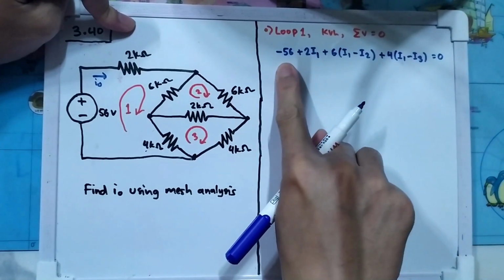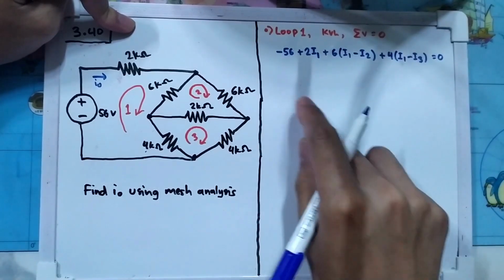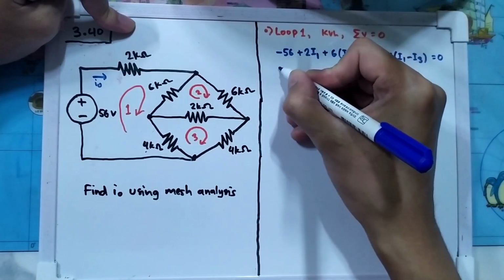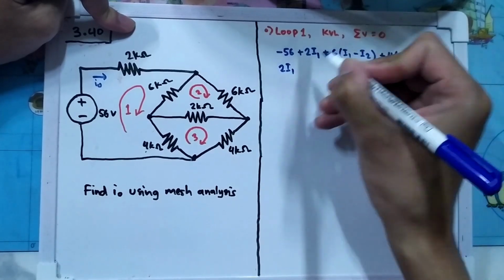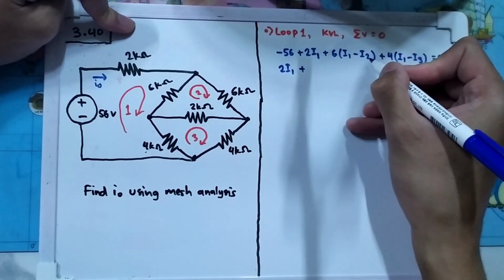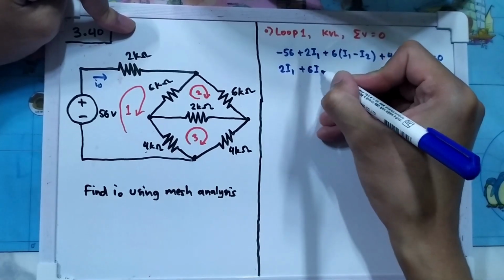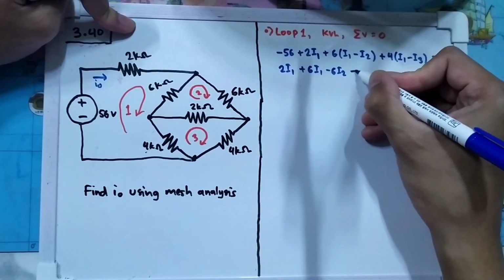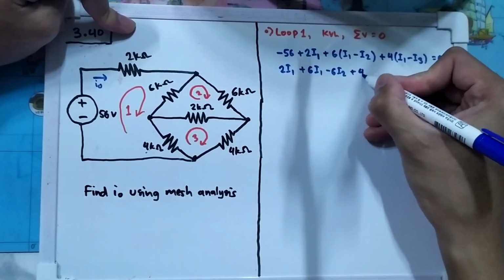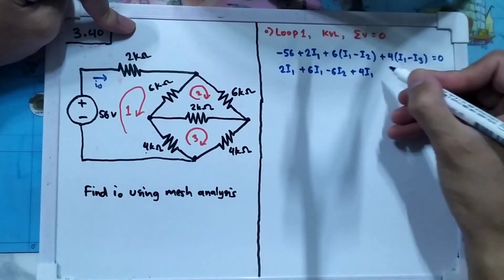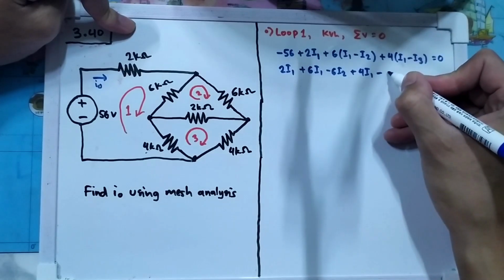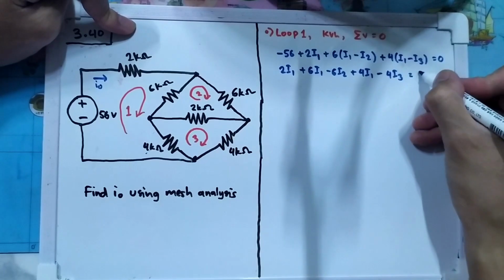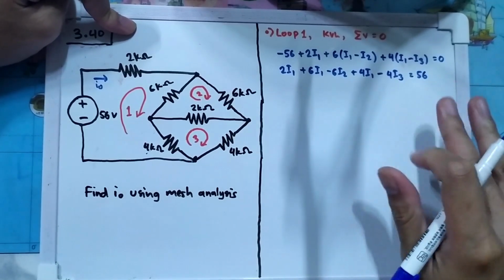Let's move this minus 56 to the right hand side, so we'll have 2 I1 plus, let's multiply this, 6 I1 minus 6 I2 plus 4 I1 minus 4 I3, and that will equal to 56.